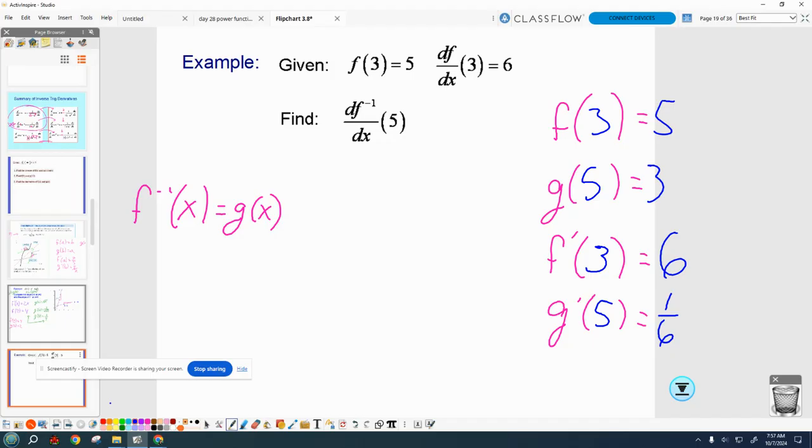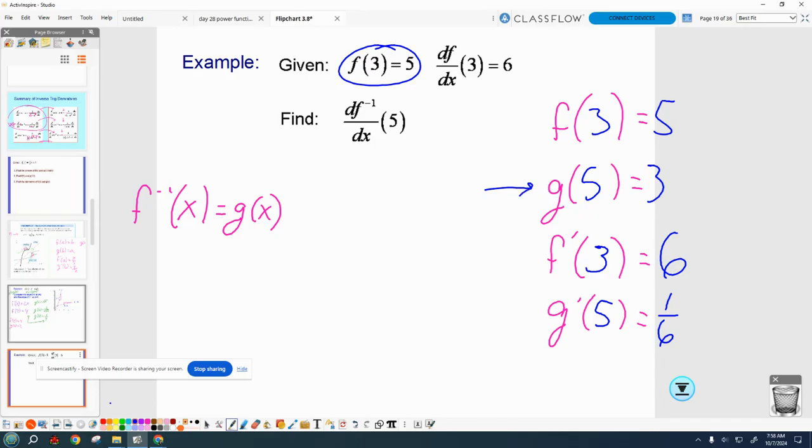Okay, Katie, where did the 5 in G prime come from? Well, first off, as inverses, like with x squared and square root of x, if f has the coordinate 3, 5, doesn't the inverse have to have the coordinate 5, 3? Okay, so that's where this comes from.